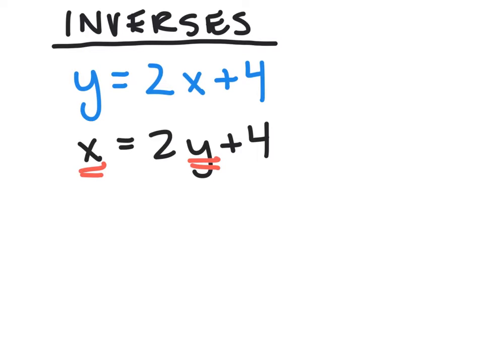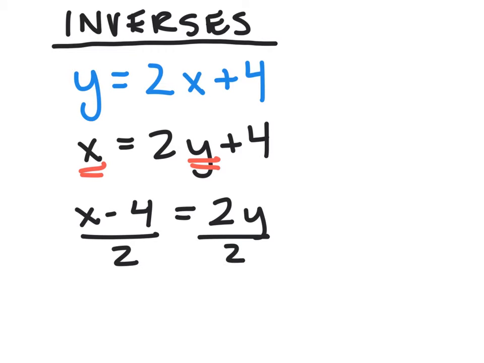Because the first thing we'll do is we will subtract 4 from both sides, kind of undoing the plus 4. The second thing we will do is to divide both sides by 2. That's undoing the portion of the multiplying by 2. So we divide by 2.